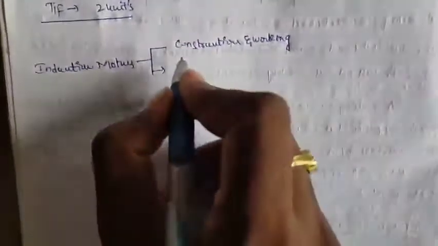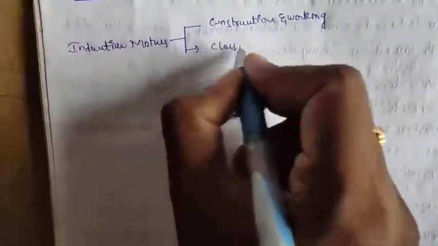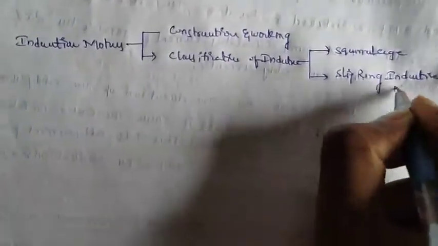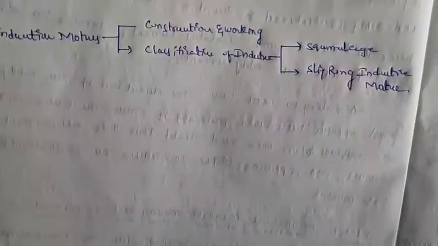After that, classification of induction motors. There are two types: squirrel cage and slip ring induction motor.